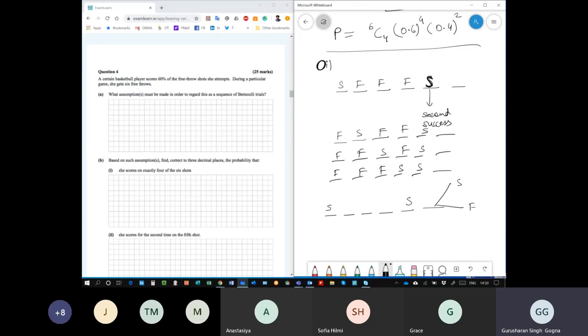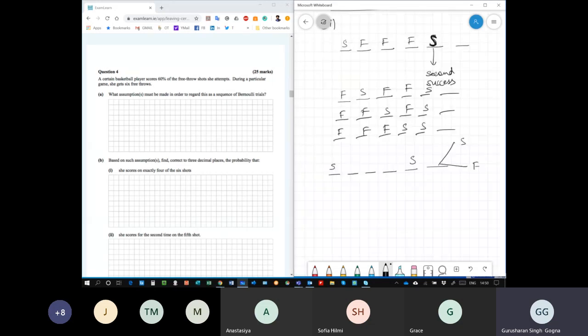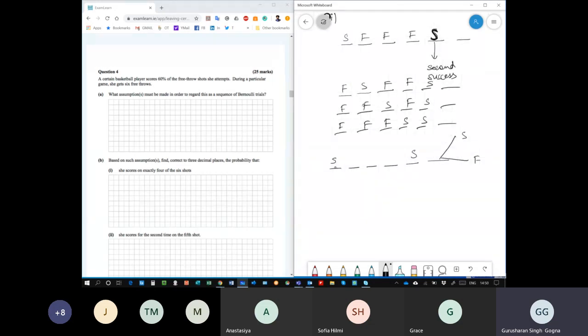They did not say anything else. They did not say that the total success should be 3 or 2 maybe. First, let's take an example: she got 2 success out of 6. So what's the probability? 6C2, 0.6 to the power 2, and 0.4 to the power 6 minus 2, which is 4. So this is the probability for 2 success.